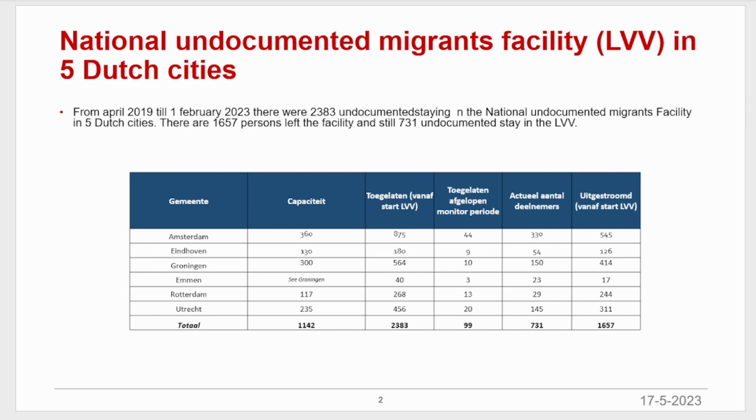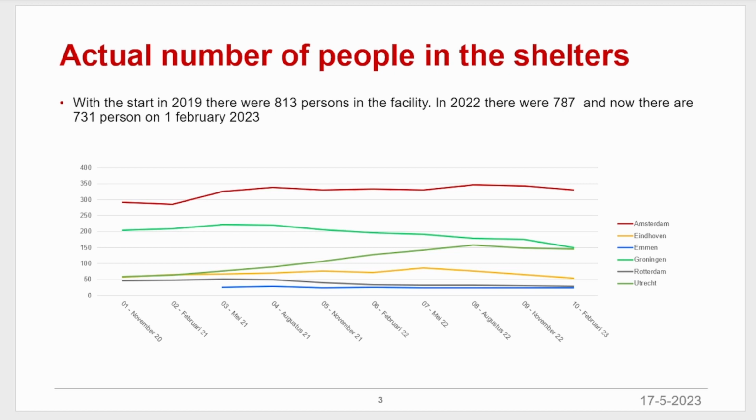This is the actual number, and you see it's going a little bit down, but on average it's about the same numbers over the 4 years. So there's not a big rise of people in this program. I come later to who is in this program or not.